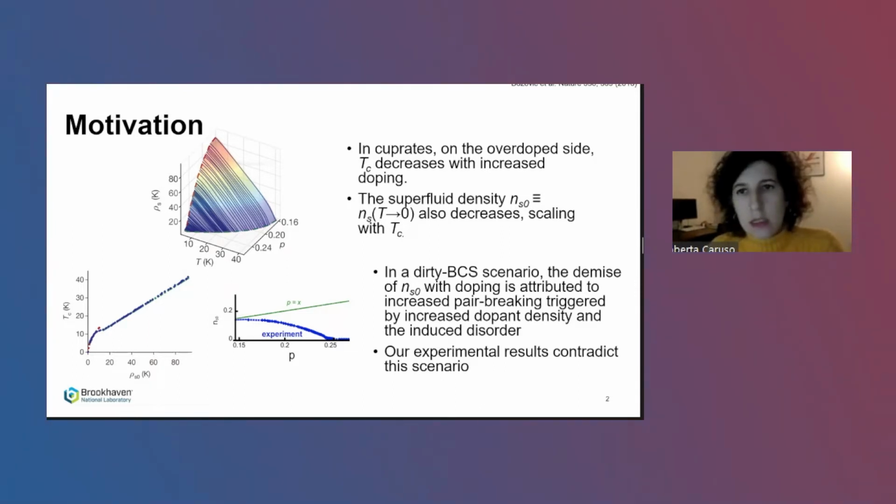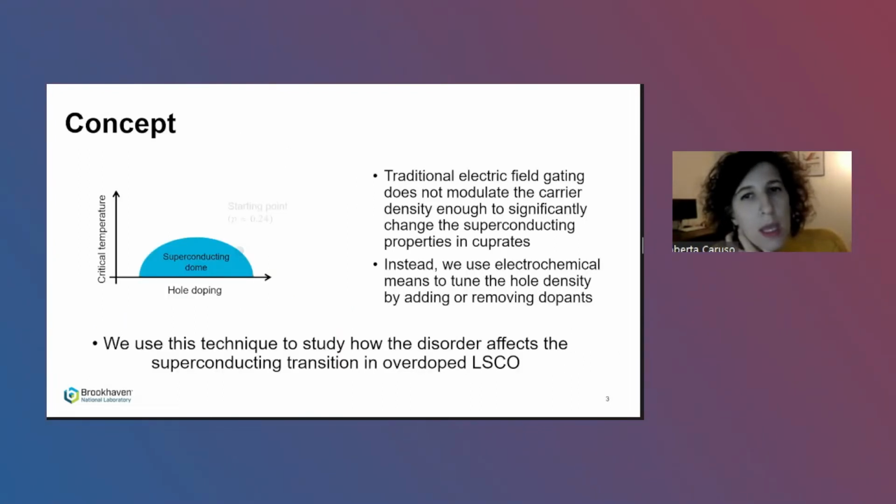So you increase the dopant density, you create more disorder, you increase the pair breaking, and so you diminish Tc. However, the experimental results that I'm going to present in this work confute this scenario.